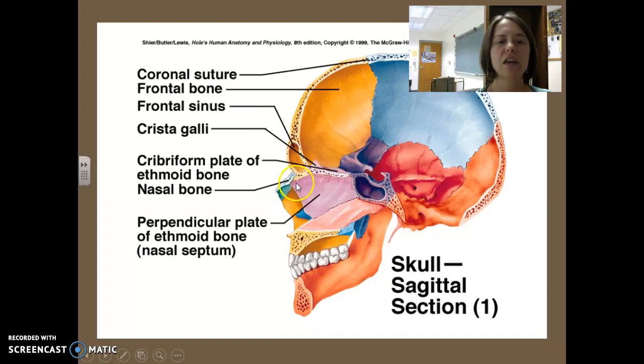You can see that this makes up part of the superior part of the nasal septum. Looking here at some other things, we have another suture between bones, a coronal suture, a frontal sinus, and then some facial bones we can see: the nasal bone, the maxilla, and the mandible.